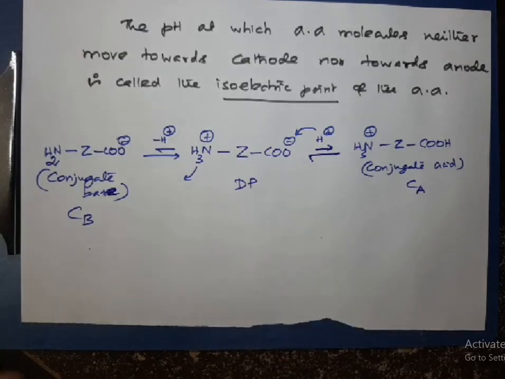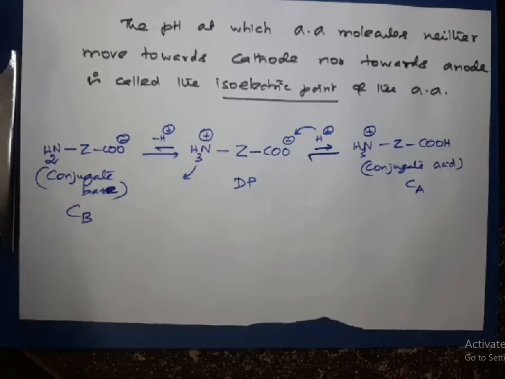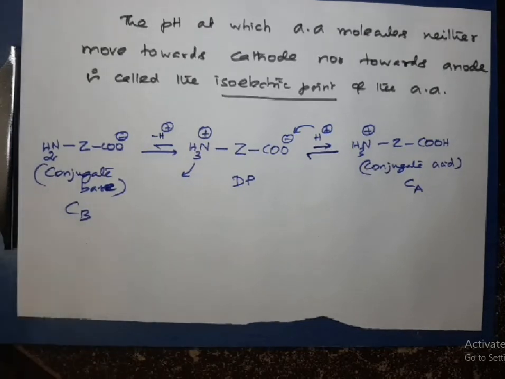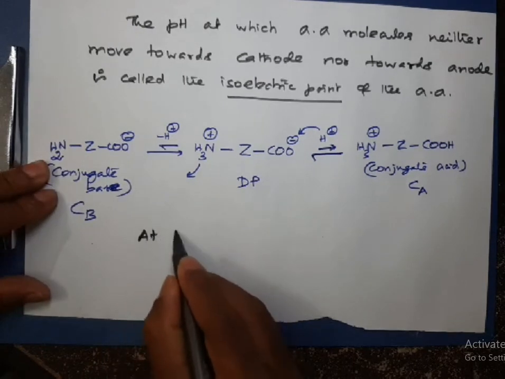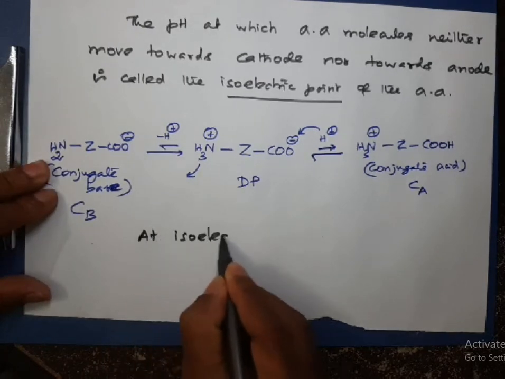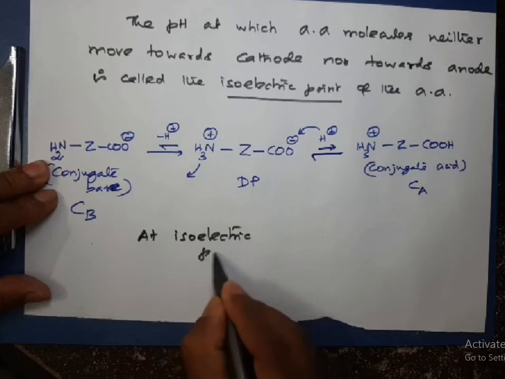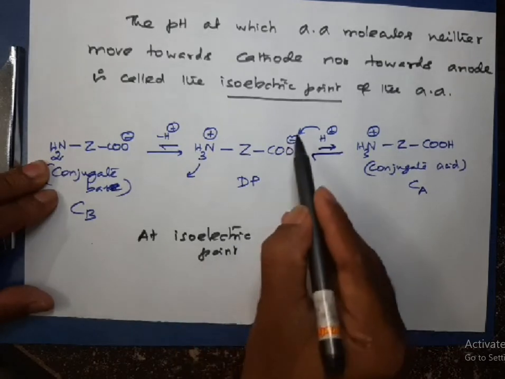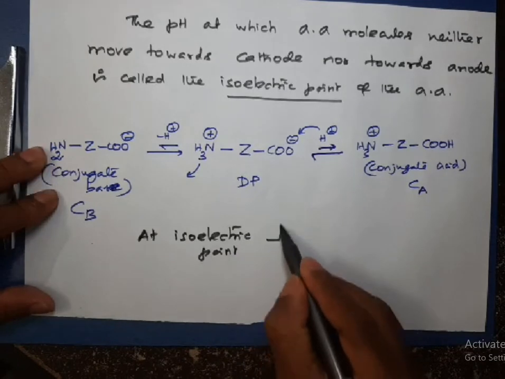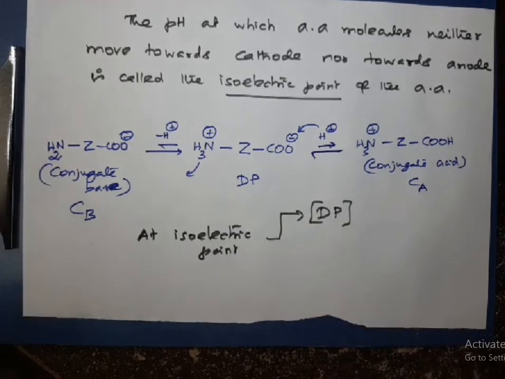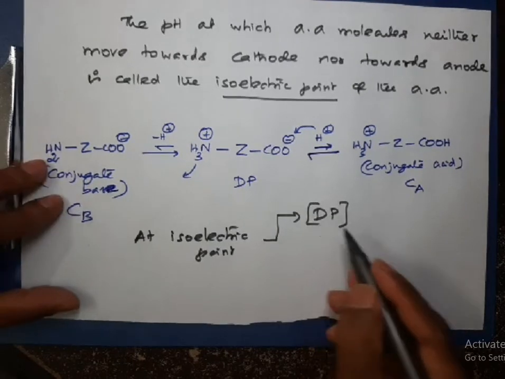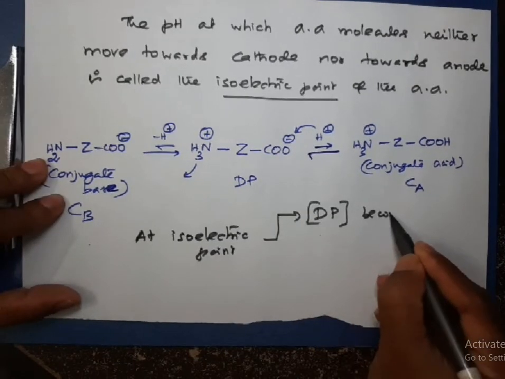Students, observe carefully. At the isoelectric point, what actually happens? At the isoelectric point, the dipolar ion concentration, let me write Dp in square brackets, becomes very high.